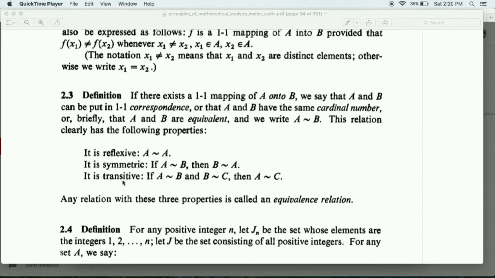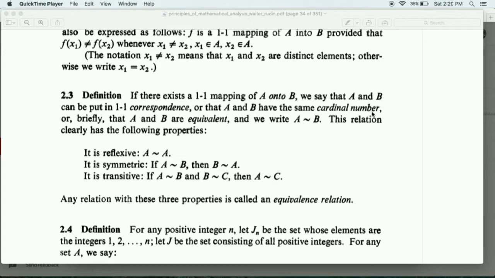And if that happens, we say that A and B have the same cardinal number. Note, this cardinal number is a generalization of the cardinality that we study in school. Cardinality of finite sets is the number of elements in that set.